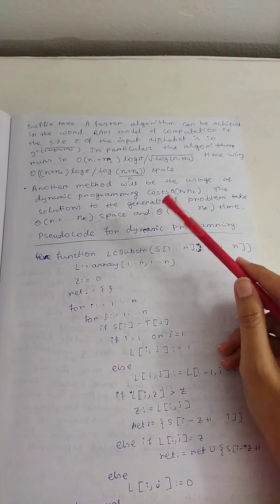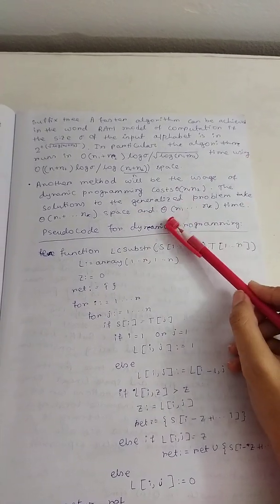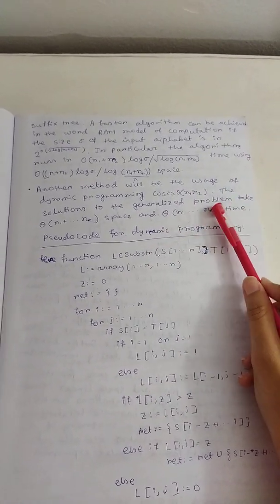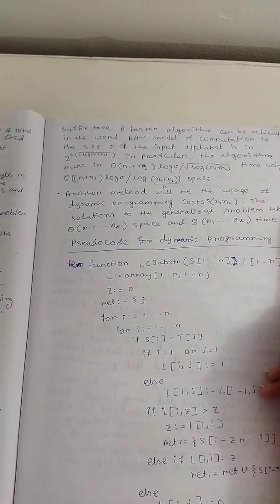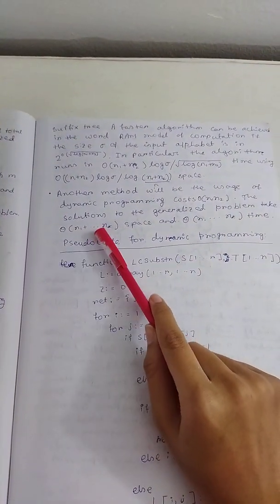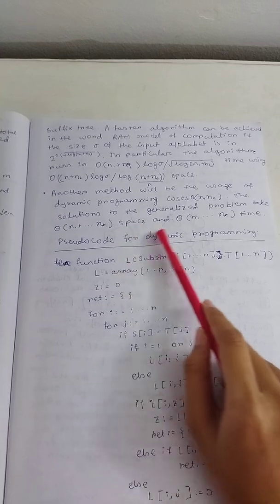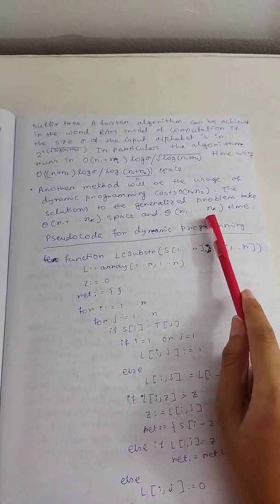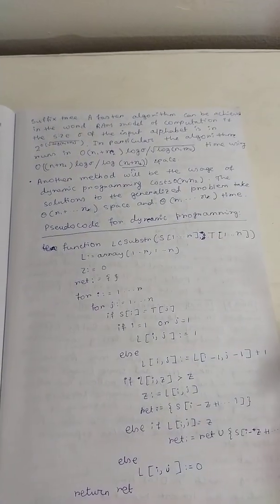So we prefer the suffix tree over dynamic programming. For dynamic programming with k strings, it takes order of n1 up to nk space and order of n1 into nk time.